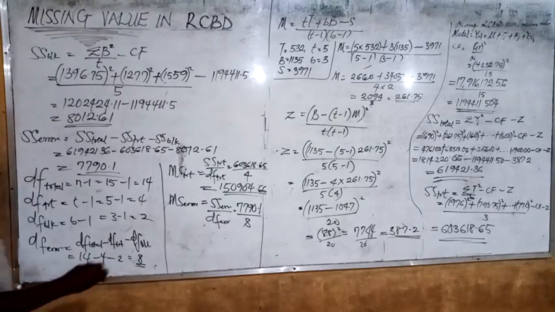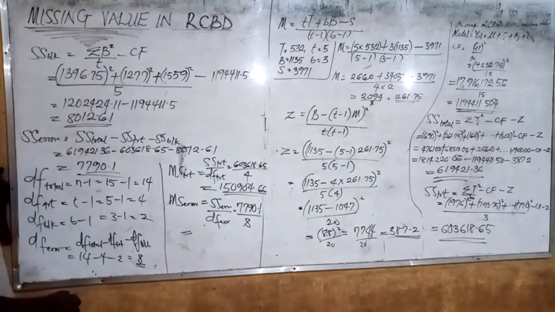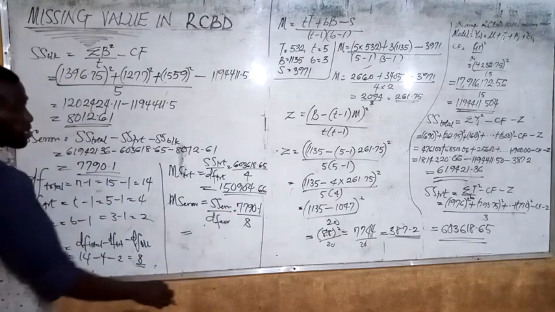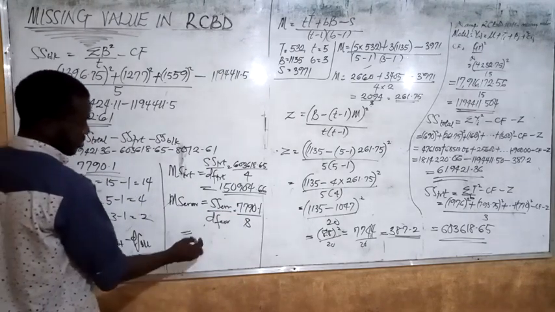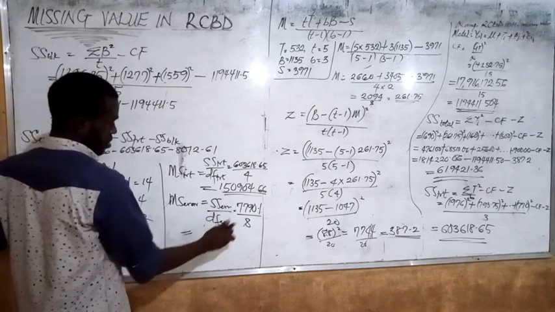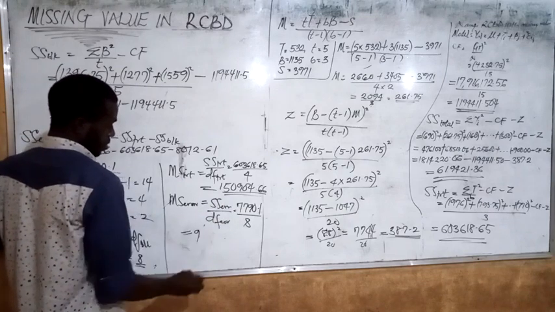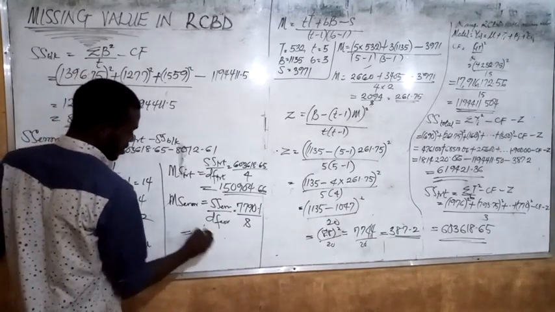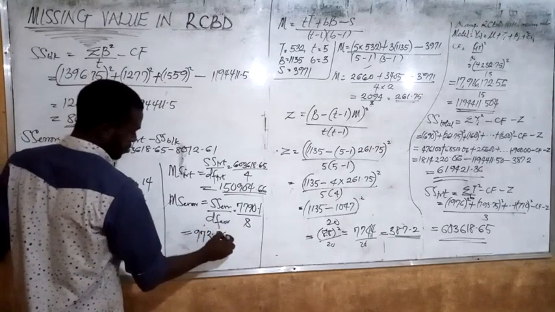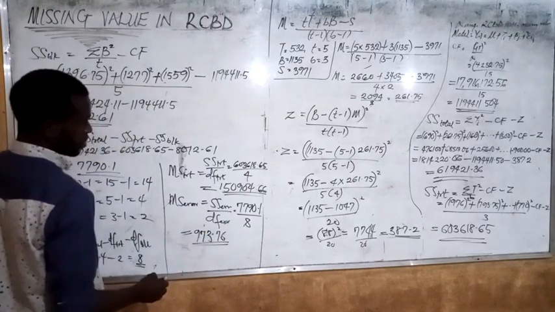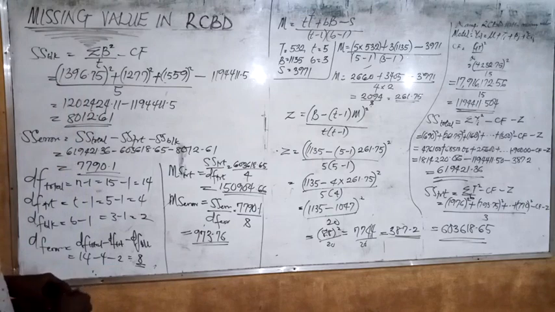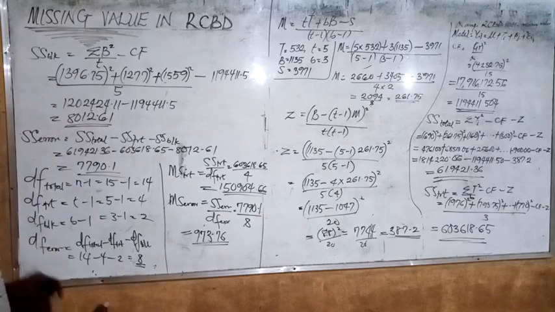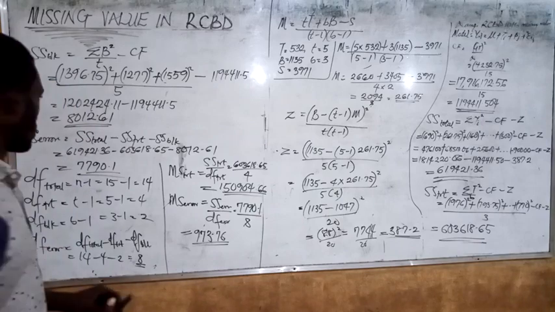So 7790.1 divided by 8 gives 973.76. The next thing is, if you want to calculate your MS for block, there is no problem, but since it's not needed, I will not be calculating it in the video.